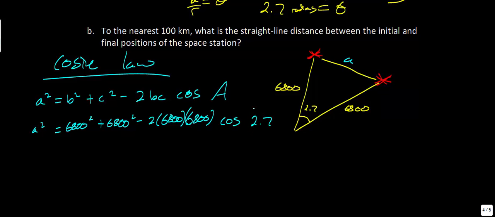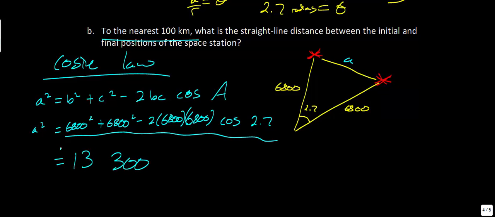Put all that into your calculator, and at the very end remember to take the square root of both sides to get a by itself. You'll get approximately, because it's the nearest 100 kilometer, 13,300 kilometers. So that's our approximation.